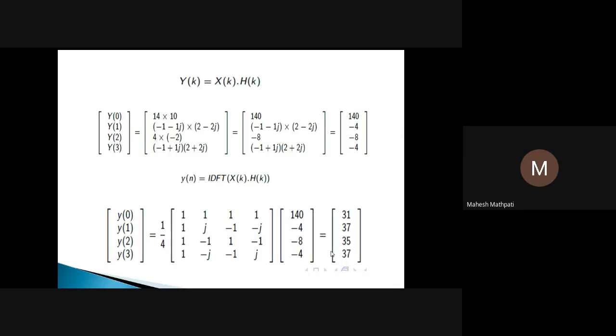But for IDFT, we have to change the sign of J. Wherever it is plus J in DFT, in IDFT it will be minus J. That is a very important point to remember. Are you getting the same answer?